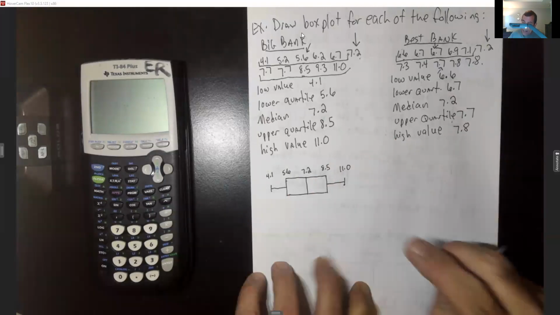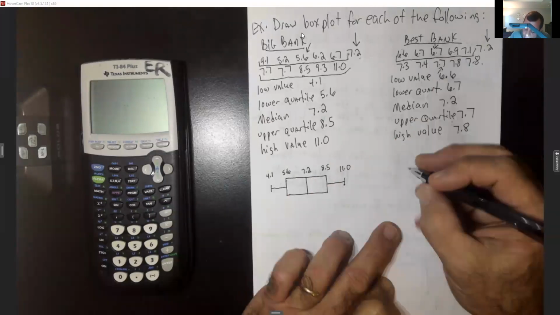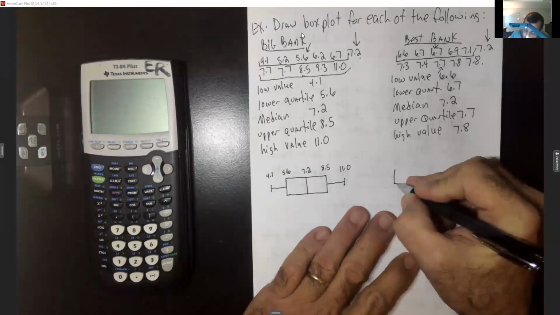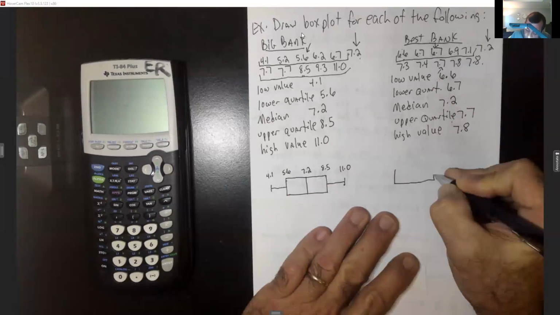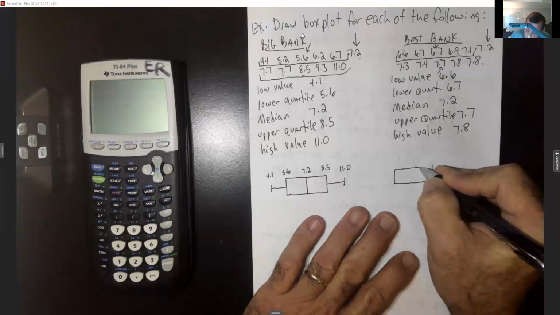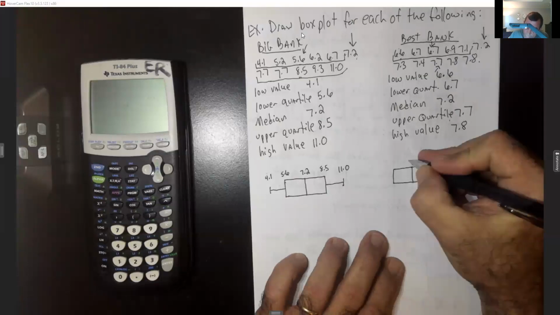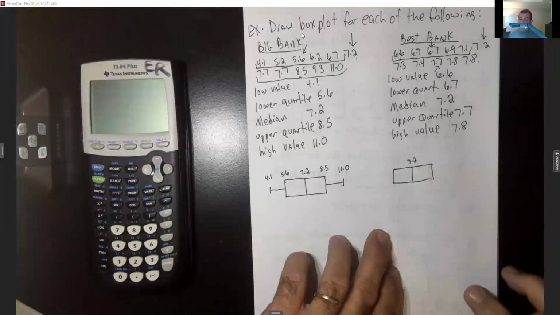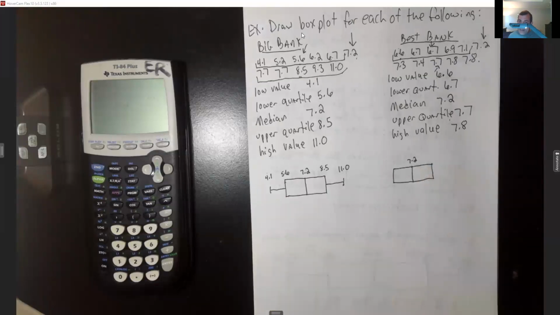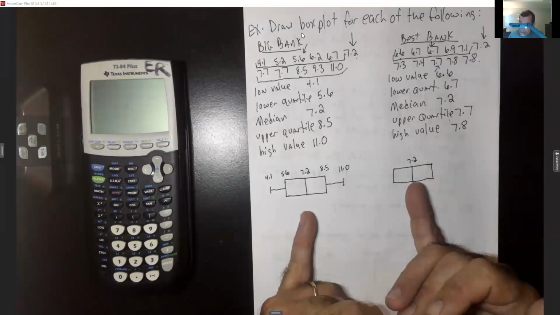Okay, now I'll draw the same thing for Best Bank. So I'm going to draw my box and my median. The median was also 7.2 for Best Bank. So that means both banks, overall, their average wait time was 7.2 seconds.